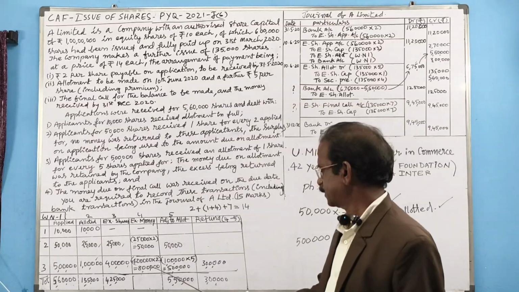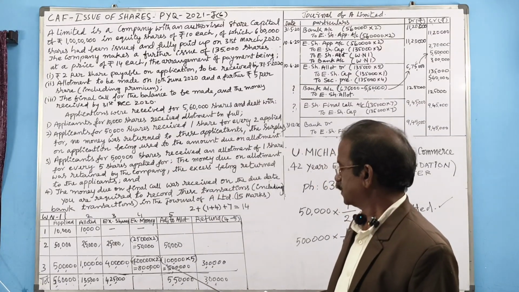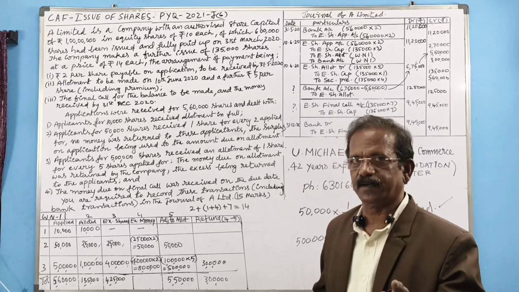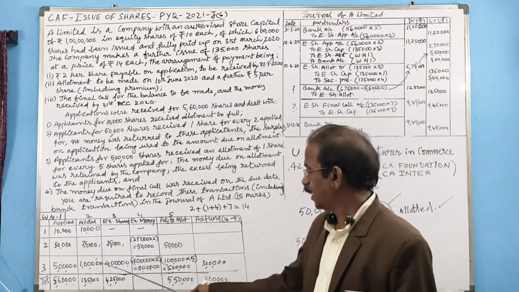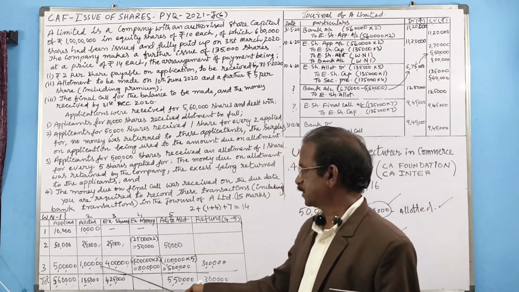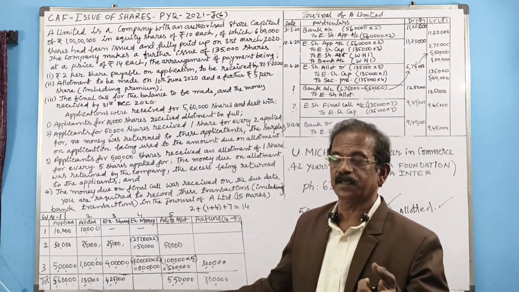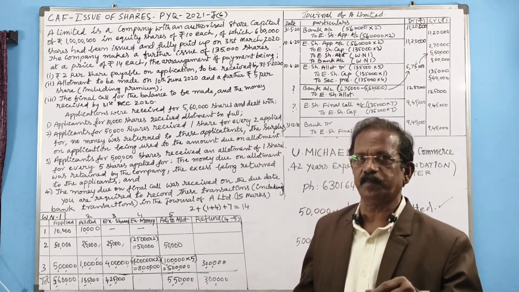How to calculate? For this, we have to see how many shares they were allotted. They were allotted 1 lakh shares. On this 1 lakh shares, in future, they have to pay allotment money.